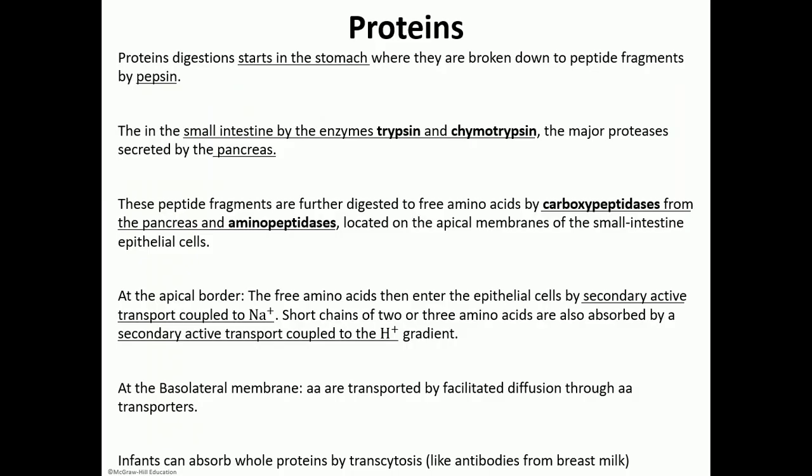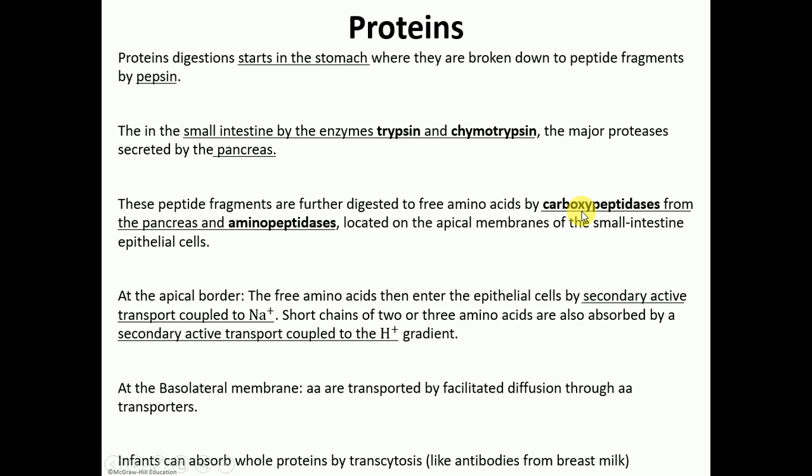As for the digestion of proteins, that is going to start in the stomach by the enzyme pepsin, and then in the small intestine, the enzymes trypsin and chymotrypsin, made by the pancreas, are going to digest proteins further down into smaller peptides until we end up with a peptide made of 3 amino acids: one amino acid in the middle, and then an amino acid on the carboxyl side and another on the amino side of the protein.